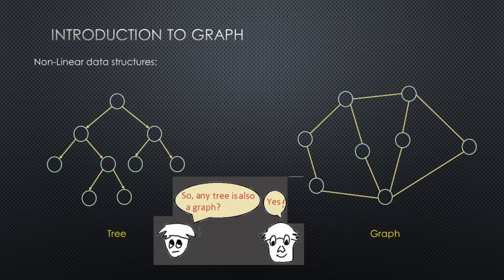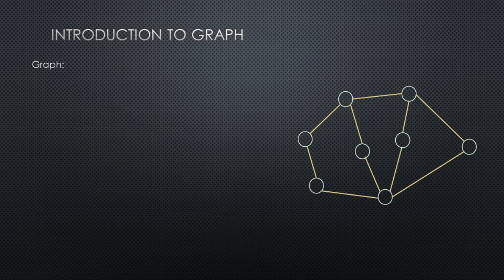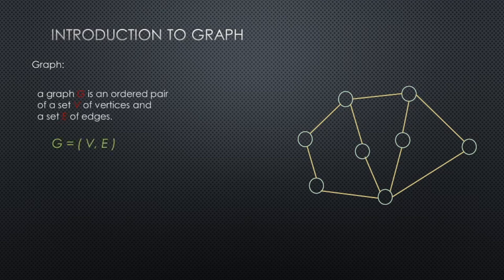In pure mathematical terms, we can define a graph using something like this. Graph G is an ordered pair of a set V of vertices and set E of edges. Now I'm using some mathematical jargon here. Ordered pair is just a pair of mathematical objects in which the order of the ordered pair matters.